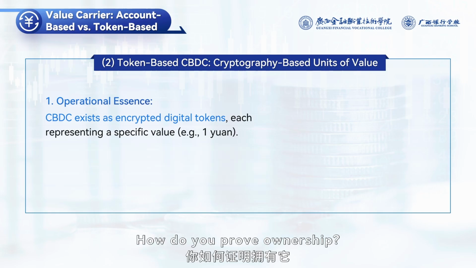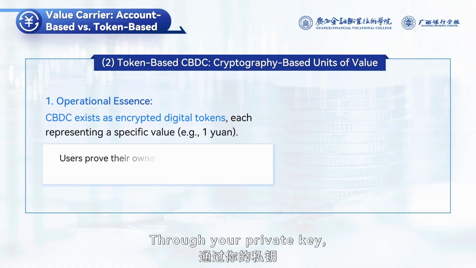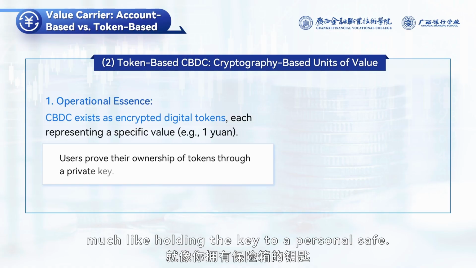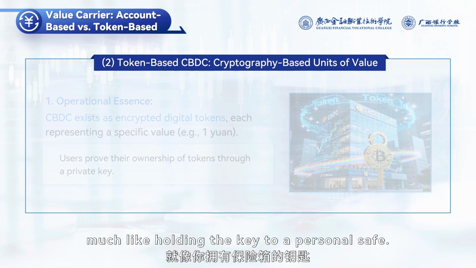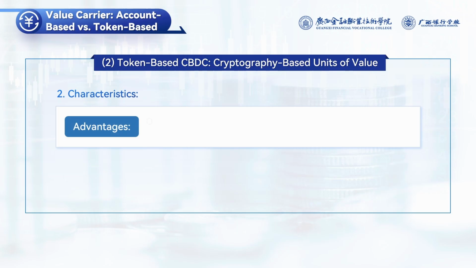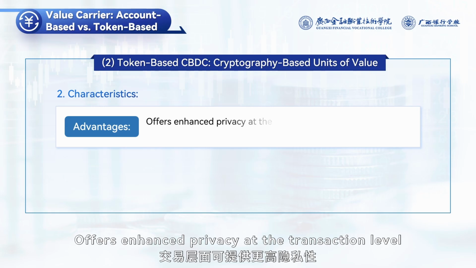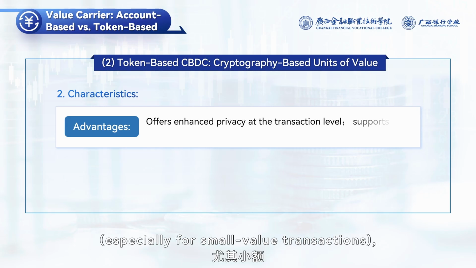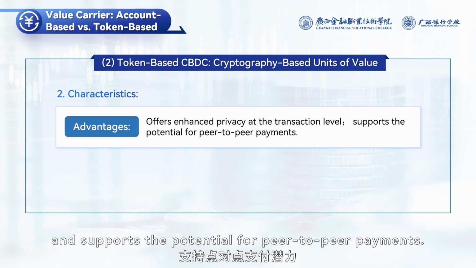How do you prove ownership? Through your private key, much like holding the key to a personal safe. Characteristics. Advantages: offers enhanced privacy at the transaction level, especially for small value transactions, and supports the potential for peer-to-peer payments.